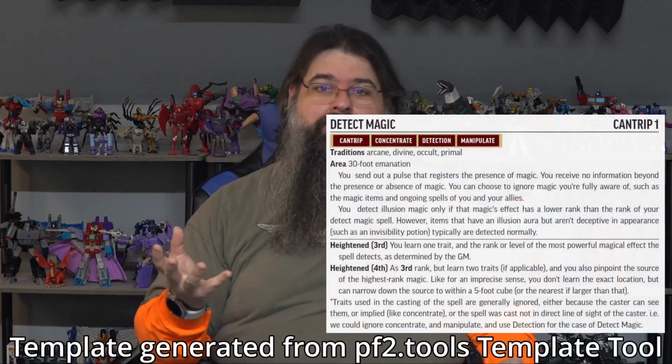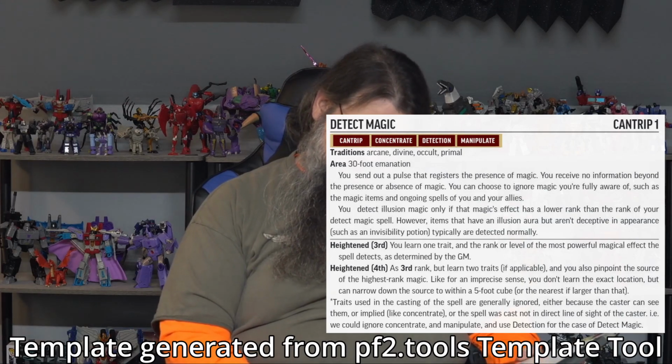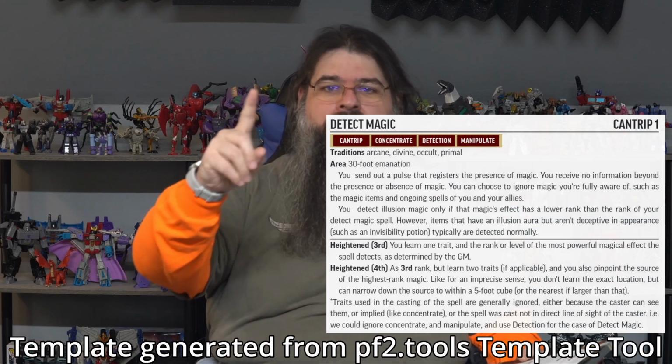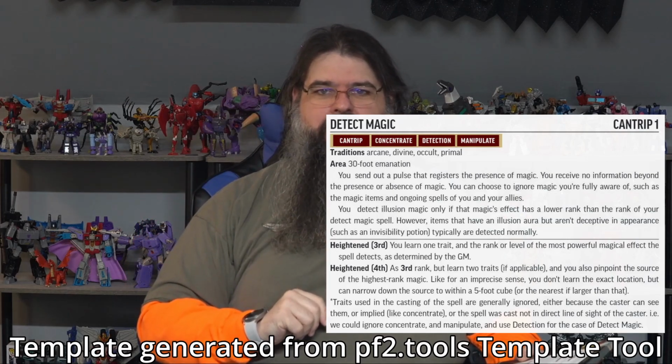So what's my solution? Well, here's one thing I'm going to add to the third rank version, the heightened third. And the one thing I'm going to add to heightened fourth is effectively the same thing. At heightened third, you learn the rank or level of the most powerful magical effect and one trait of that spell.